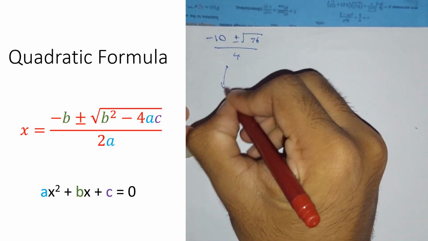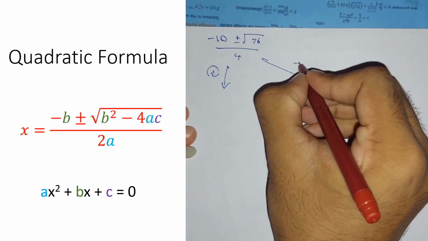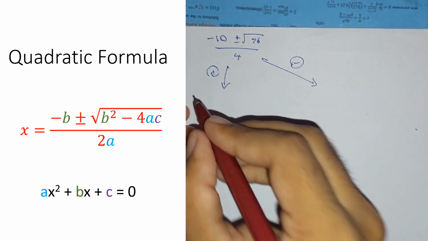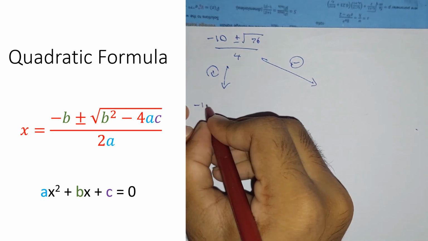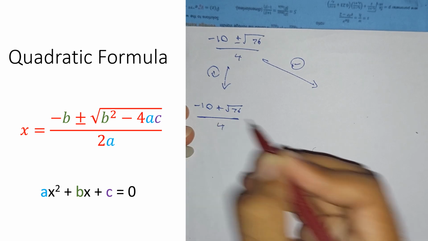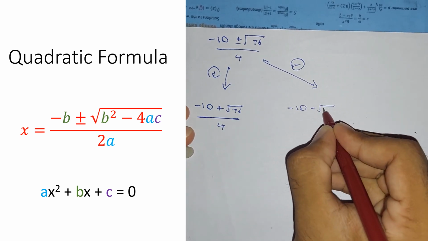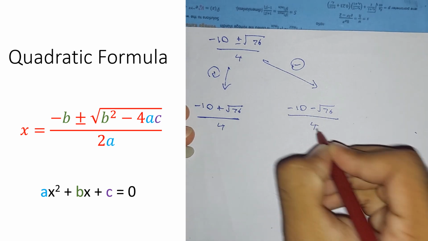So we divide this into 2. We take the plus side and the minus side. So minus 10 plus root 76 over 4, and here we take minus 10 minus root 76 over 4.